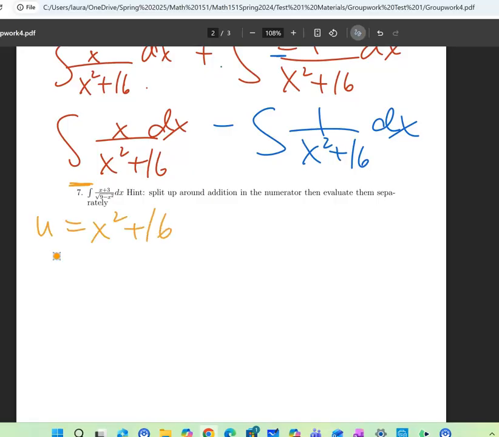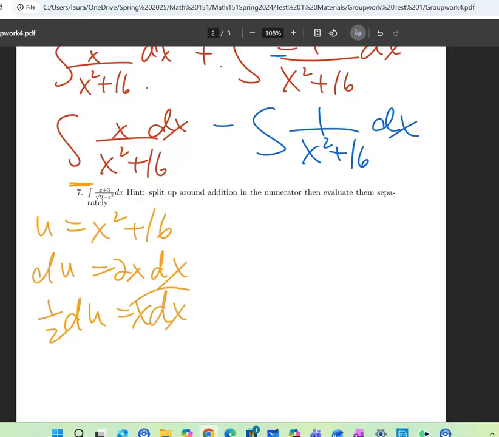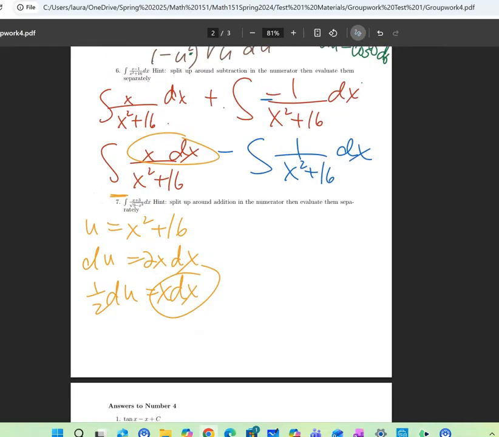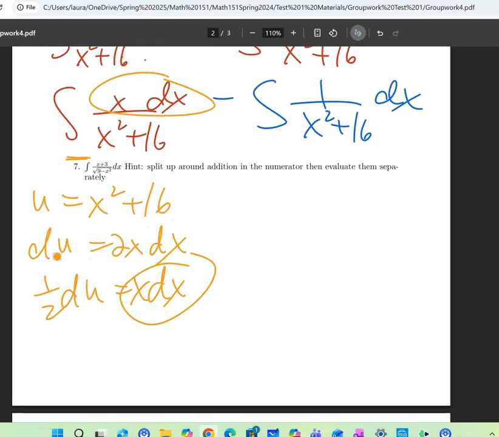Let u equal the denominator. And the derivative gives me 1/2 du, x dx. Oh, will you look at that? x dx is the numerator. So then I would have 1/2 du over u. Okay, so that's this problem.